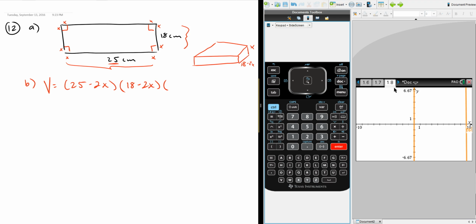It's 18 minus 2x, 25 minus 2x. So my height is just x. So there's my function for the volume.